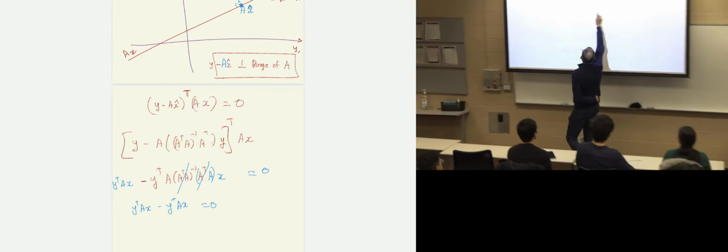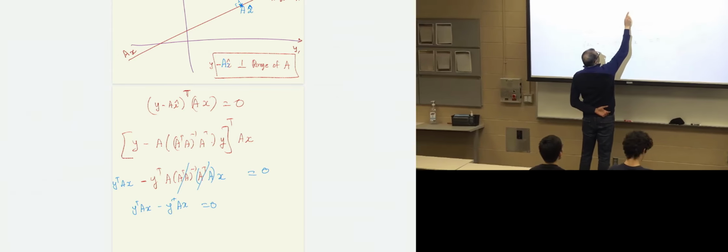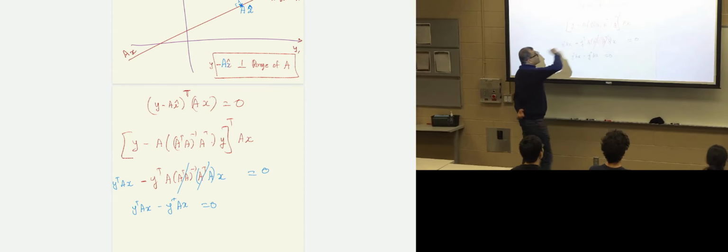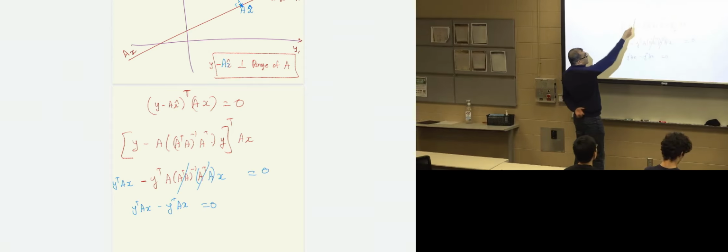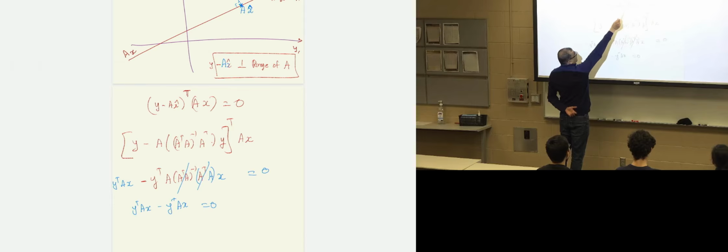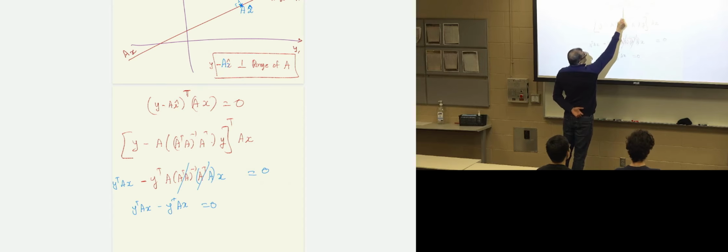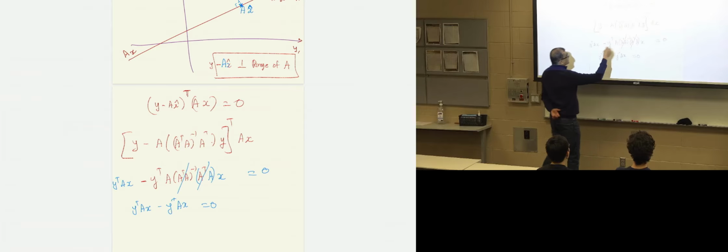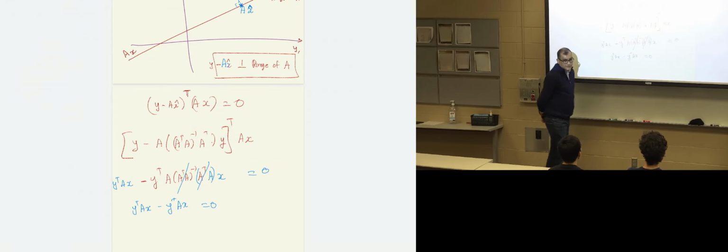So this is any x. Okay? All I've done is, this is y minus A x hat times A x. So this is orthogonal to this. I've just substituted the expression for x hat, and I've just done the transpose, right? So this is rock solid.